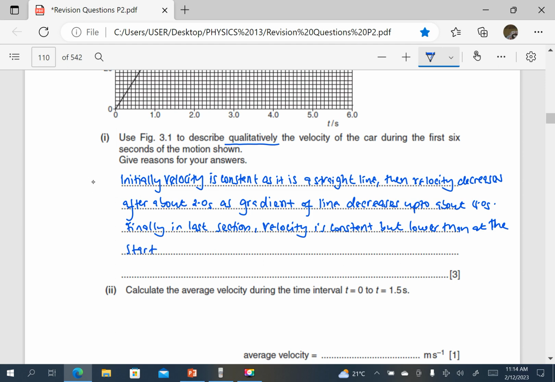Evidence: the gradient is constant and smaller than at the start. It is constant because it is a straight line, but it is smaller than at the start.